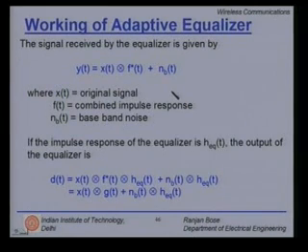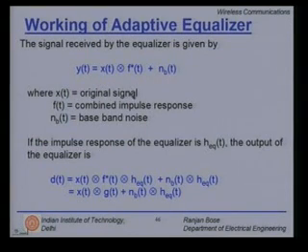Now, last time we also saw the simple working of an adaptive equalizer. Why adaptive? Because the channel is changing with time, and so the weights must be updated periodically. So, the received signal y(t) is the convolution of x(t) and the composite impulse response f*(t), plus the baseband noise n_b.